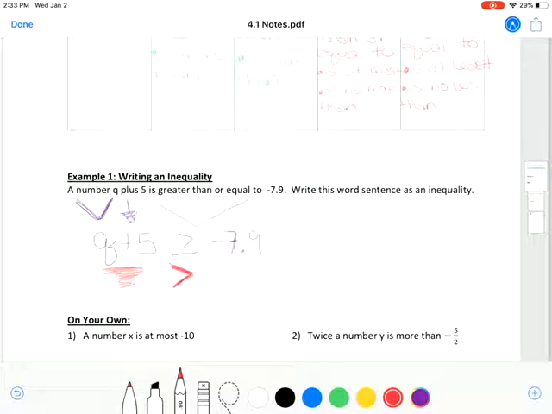Otherwise, if it was Q plus 5 is less than negative 7.9, now this end of the mouth is pointing to this. That's saying it's less than, because otherwise the mouth would be pointing at the item. It's just a way I learned in school, and it seems helpful. If you have a hungry alligator, its mouth is going to be wide open at what is bigger, so the greater than.